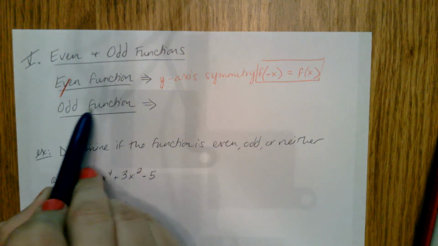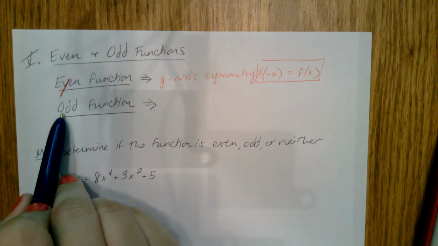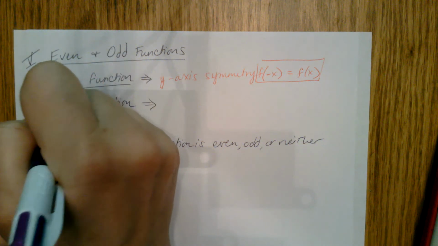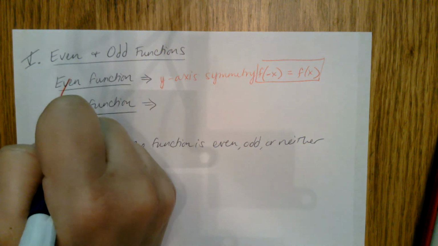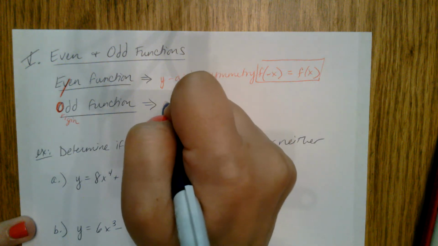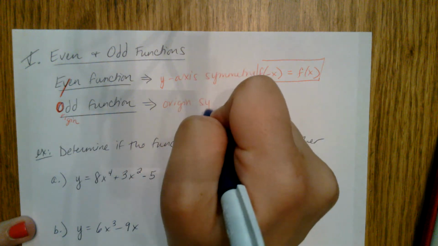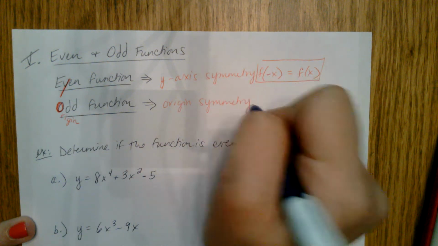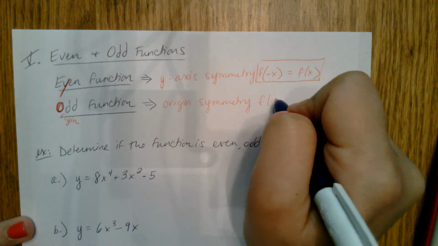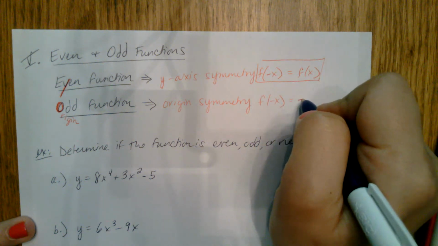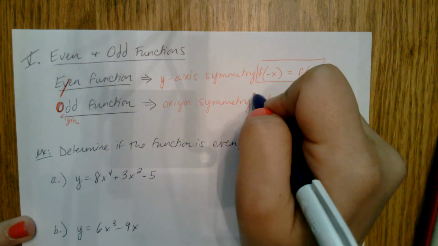If it's odd, I'm giving it away, odd, O, origin. It has origin symmetry, which means if I plug in a negative x, I get out the negative of the function.